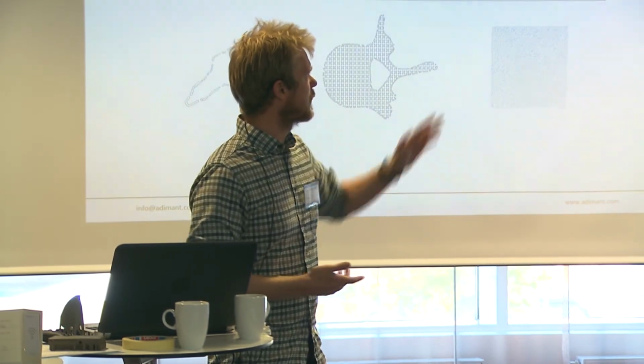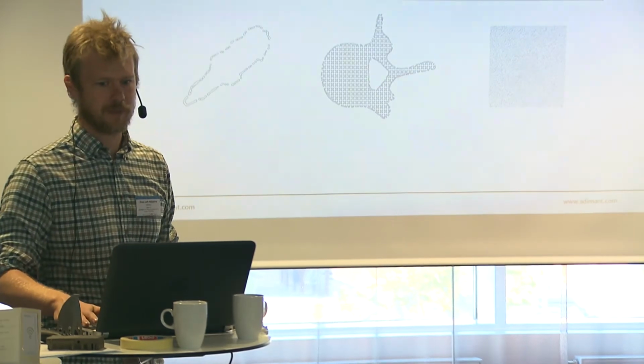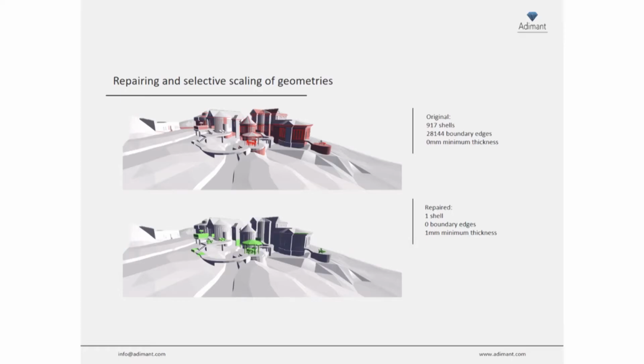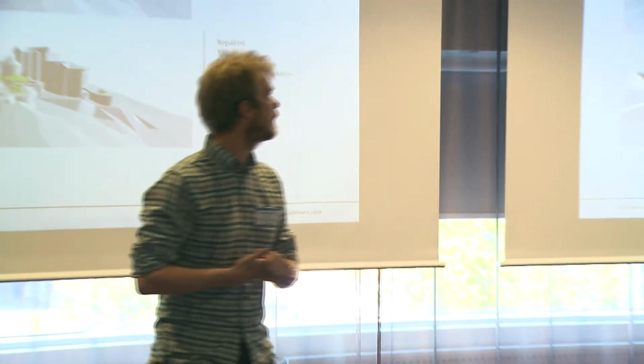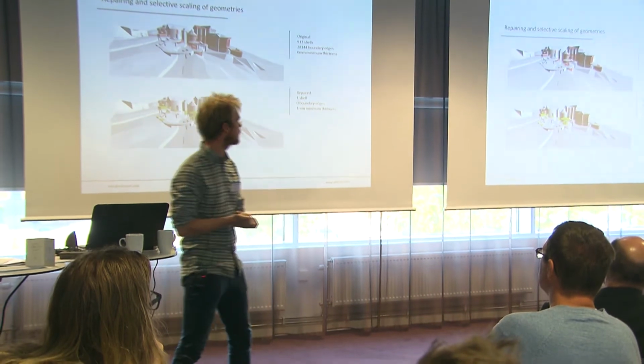So we do some reverse engineering and tricking of the machines to get them to build what we want them to build. And then, because we are working with big and complex data, we also apply this to STLs and help people repair things. This is a small architecture example where you have some architecture sitting in SketchUp, drawing a house with 917 shells, disconnected shells, and open, most of them.